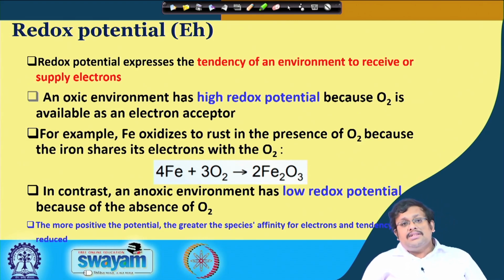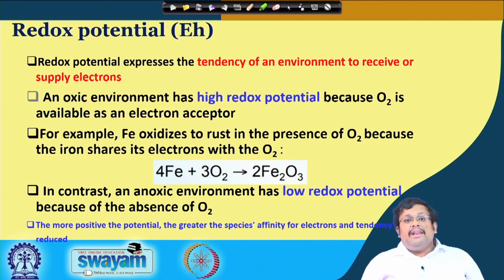Remember, an oxic environment has a high redox potential because oxygen is available as an electron acceptor. Obviously, in an oxidized, oxic environment, oxygen can accept the electrons.